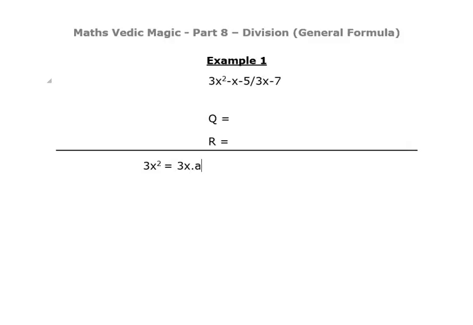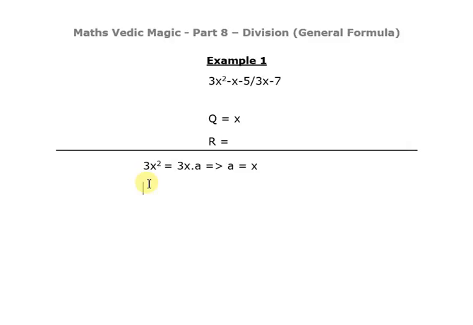The 3x squared of the dividend has to be achieved by multiplying the highest power of the divisor, 3x, by something. If we look at this simple division, 3x squared divided by 3x just gives us x. So the first term of the quotient is x.